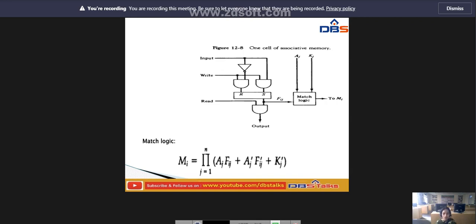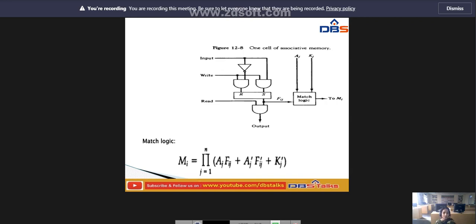In this match logic, the match logic for each word can be derived from the comparison algorithm for two binary numbers. First we neglect the key bits and compare the argument in A with Fij for j equal to 1 to n. The two bits are equal if they are both 1 or both 0.